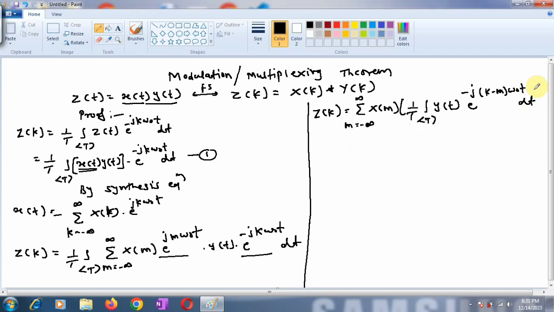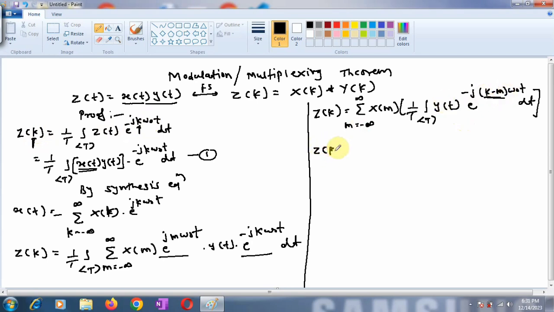Okay. So the quantity inside this bracket, if you see carefully and compare it with the definition, you will understand that here it is y(t) and e raised to minus j k omega 0 t. So there is a k, so the coefficient will be replaced by y of k, but here, if you see, instead of k it is now k minus m.